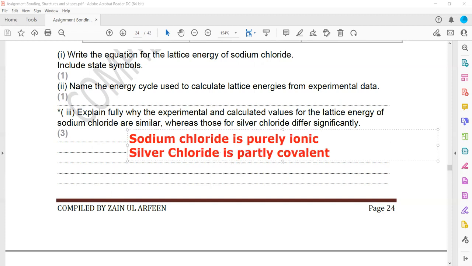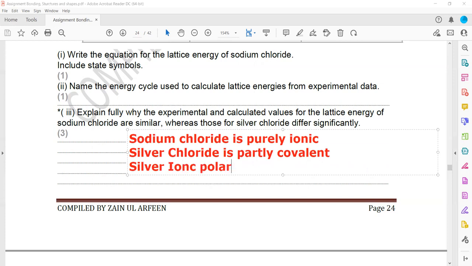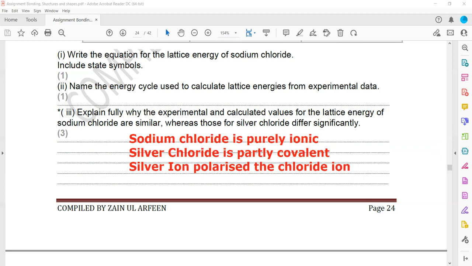Because the silver ion polarized the chloride ion. Due to this polarization, the distance between the two ions will decrease, so they will become like a covalent bond, like a sharing of electrons.